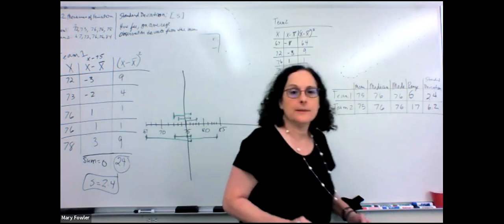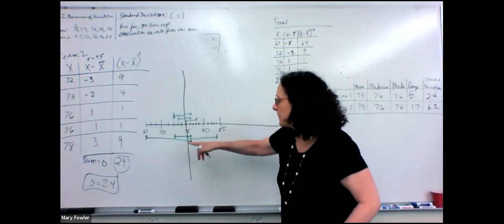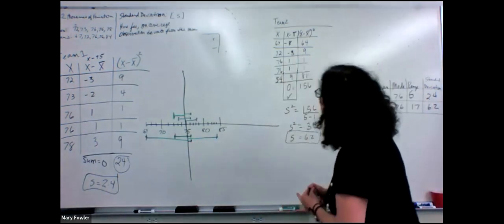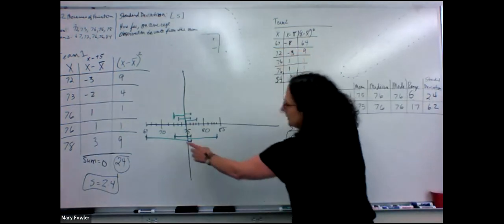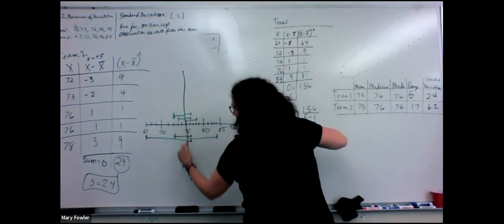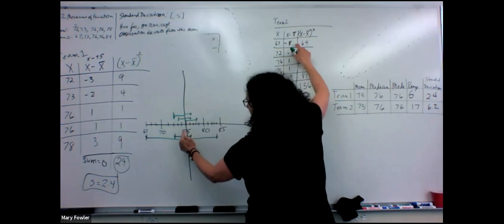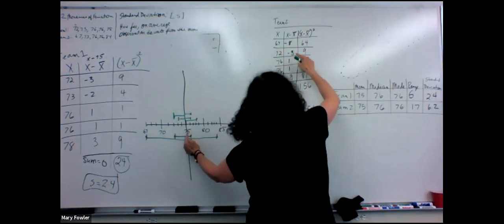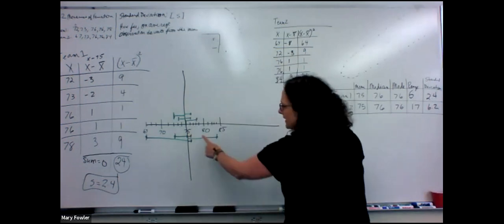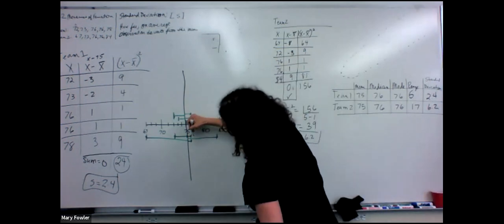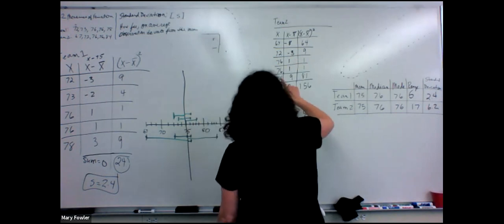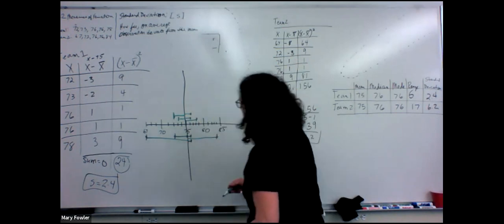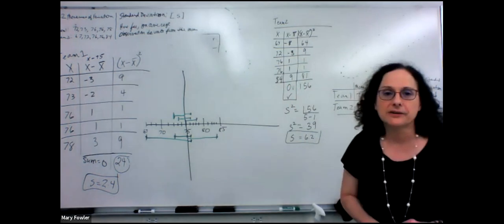Let's just make sure we identify each piece. So 67 is 8 units away from 75, the mean. And 72 is 3 units. 76 is 1, and I have that represented twice. And then finally 84 is 9 units away from 75.